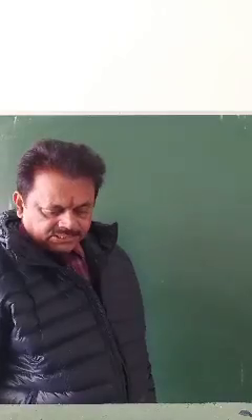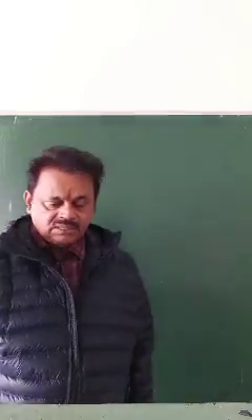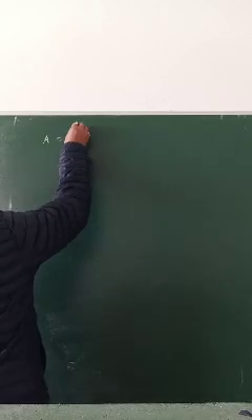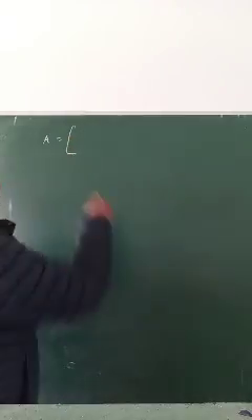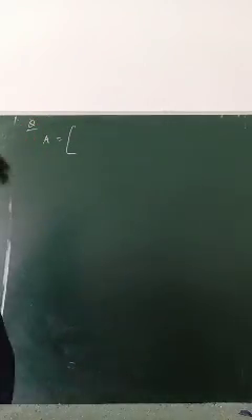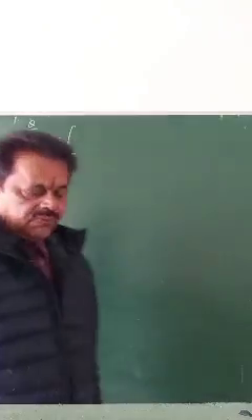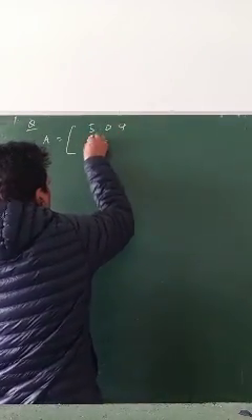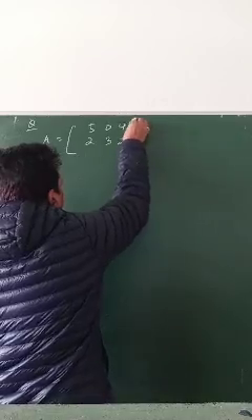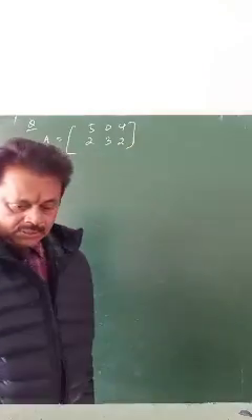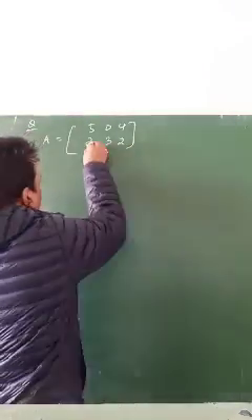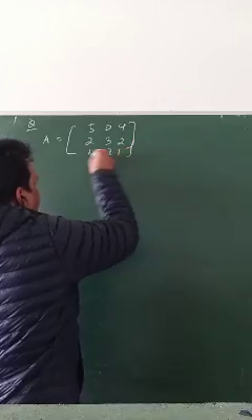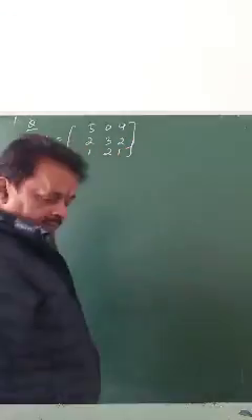Okay, then let's go to long type questions. In the long type question, A is the matrix 5 0 4, 2 3 2, 1 2 1.